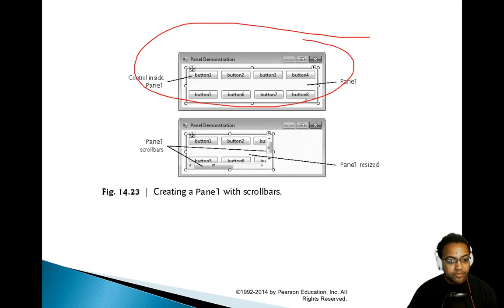And there we go. They placed a bunch of buttons in there, and then they tested the scroll bars. I'm not going to turn the scroll bar on, but you can. As a matter of fact, I can show you what that looks like.